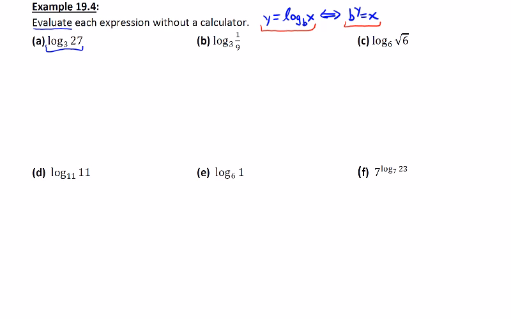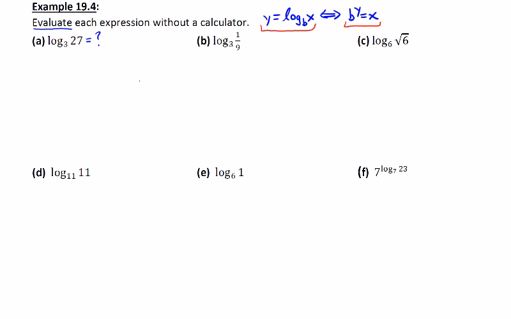So for these particular examples, we are going to make these expressions become equations. So I'm going to do so by saying, let's let log base 3 of 27 equal something. And I'm just going to use a question mark to represent the answer that I don't know.